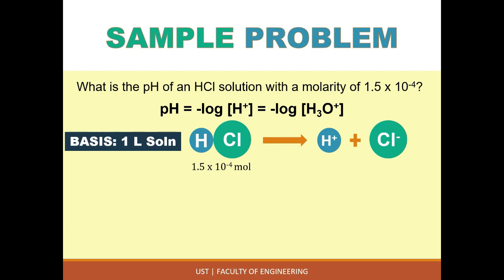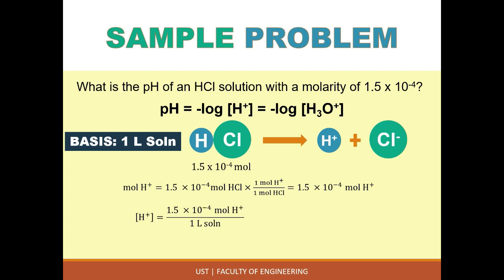Now, we can get the number of moles of H plus ions by multiplying the known amount of HCl by the coefficients of H plus and HCl, which would be 1.5 times 10 raised to negative 4 moles of H plus. To get the molarity, divide it by the volume of the solution in liters, which is 1 liter, and get the corresponding pH, which is 3.82.